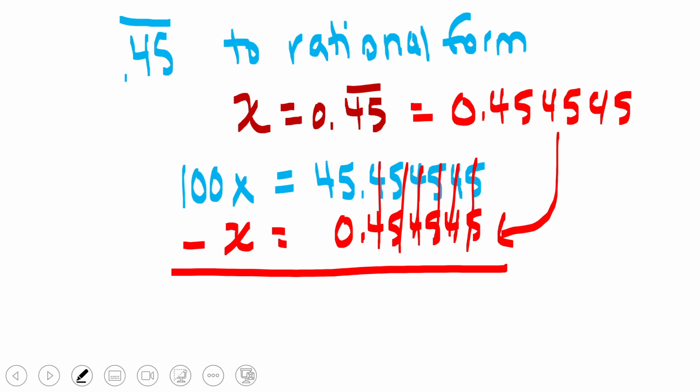So from what we've done so far, when you're asked to change a repeating decimal to rational form, set that repeating decimal equal to a variable. Decide what you need to multiply both sides by to obtain a whole number in front of your decimal with the repeat behind your decimal, to be able to subtract that expression you decided on when you set it equal to your variable from it.